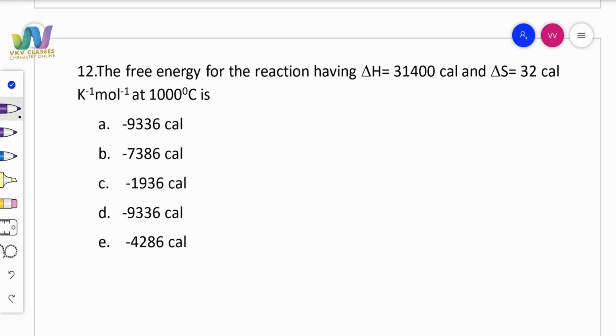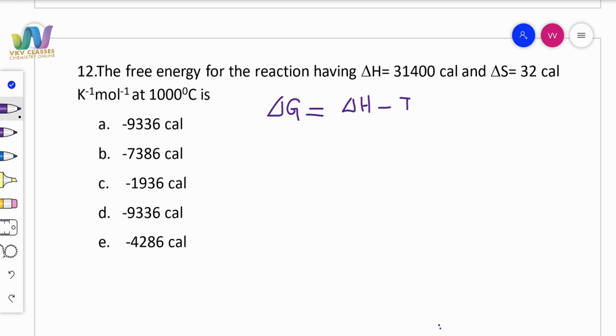The free energy for the reaction having delta H equal to 31,400 calories and delta S equal to 32 calories per Kelvin per mole at 1000 degree Celsius is. The free energy delta G is calculated using the Gibbs-Helmholtz equation.